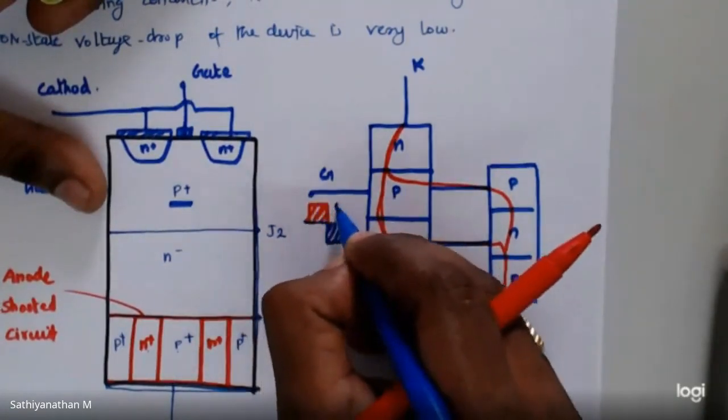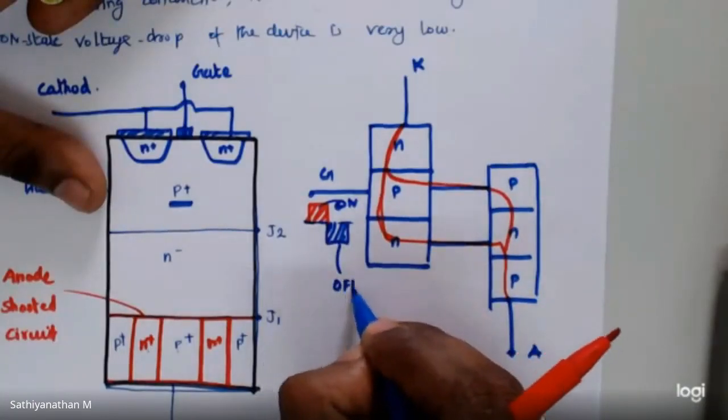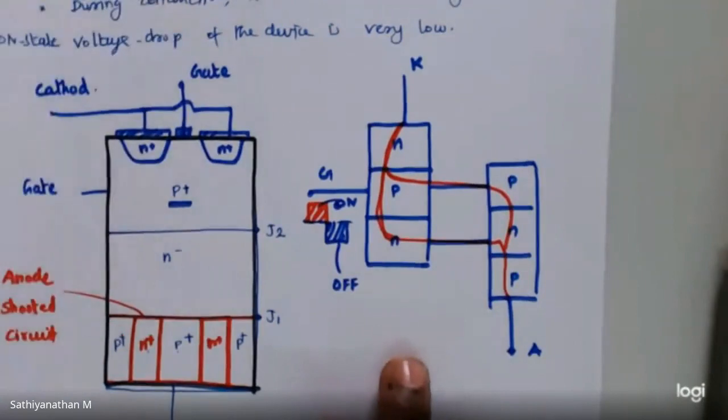So this is used for on and this is used for off. We are going to compare this feature.